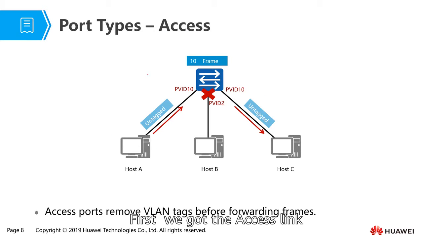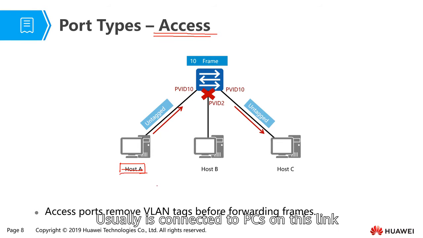And then first we have the access link. The access link is usually connected to PCs. On this link, we send and receive untagged frames. Which VLAN this interface belongs to is configured by the PVID on the switch.